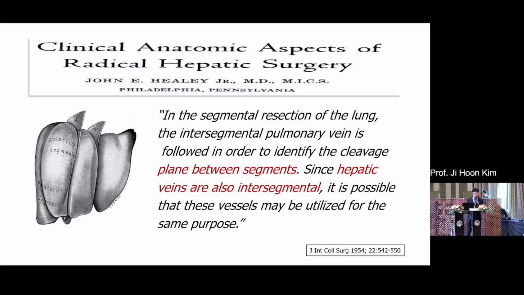Like the intersegmental pulmonary vein, in this plane between the segments, only the hepatic vein runs. So this paper is the first description of the intersegmental plane and intersegmental vein, in 1954, based on a 100-case study.